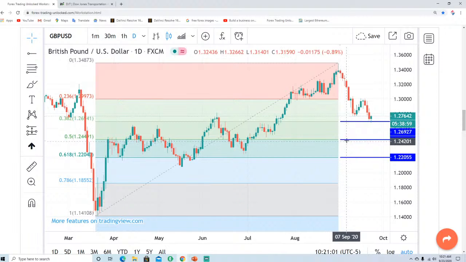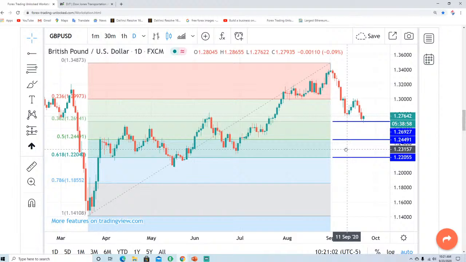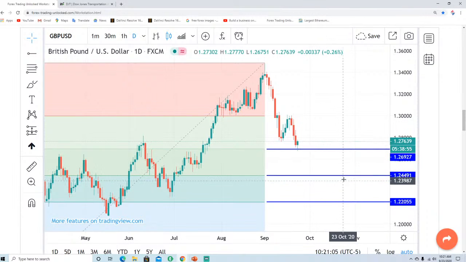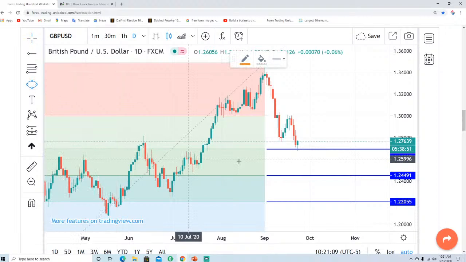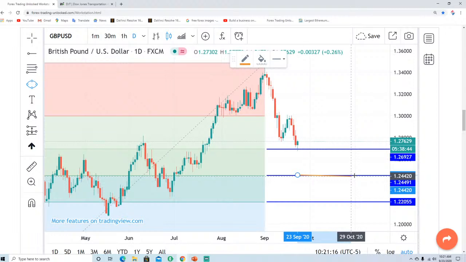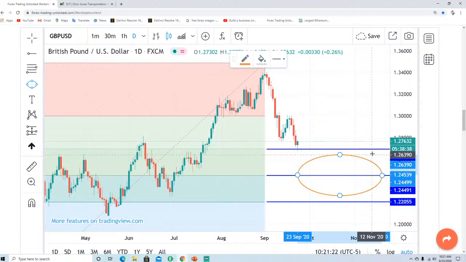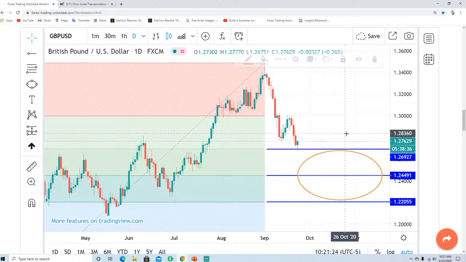24.5. I think it's going to take a little bit longer to get down to this area right here, but if you look at today, and we'll use this as our guiding point, between now and especially as we get towards the end of the year, I think you have a very good chance of us coming into this area here.